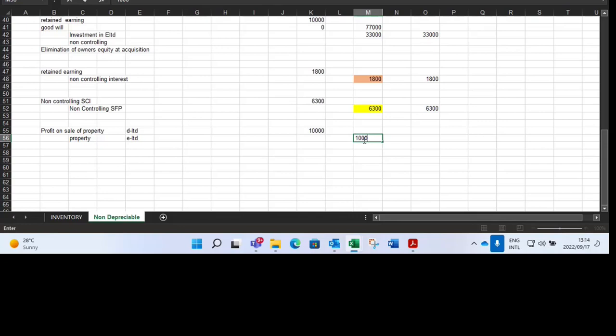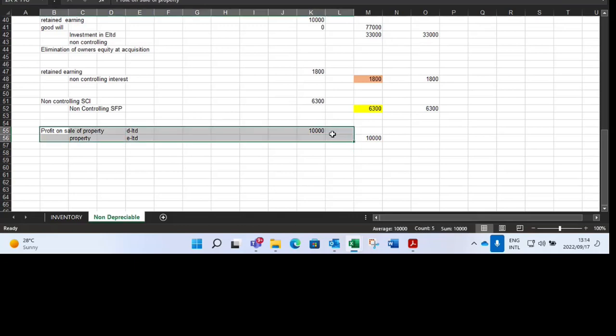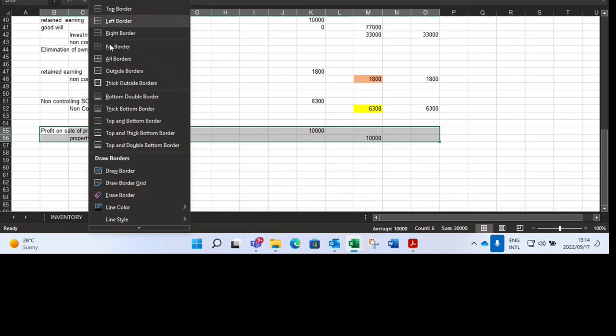So this will be elimination of the unrealized profit, because this profit is sitting with the parent, because the parent didn't sell it to anyone yet.